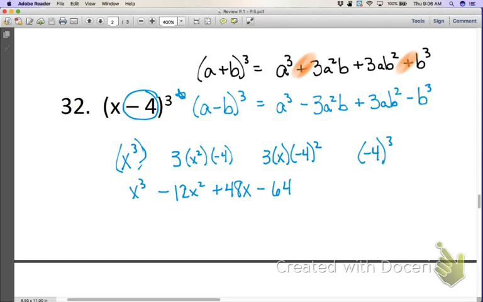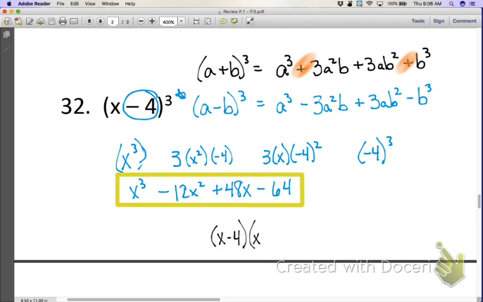That's going to be your shortcut. Realistically, you could do (x minus 4)(x minus 4)(x minus 4).